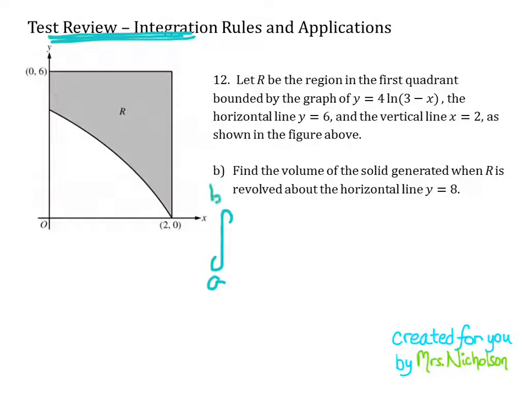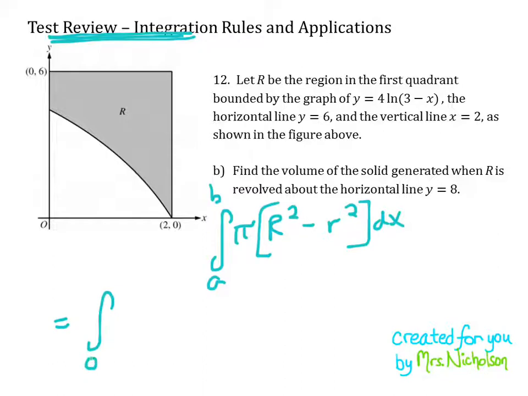volume, a to b. I'm going to write my equation since it's a washer, pi times big R squared minus little r squared dx. These x values are a and b since it's a dx integral, so 0 to 2 of pi big R squared minus little r squared.